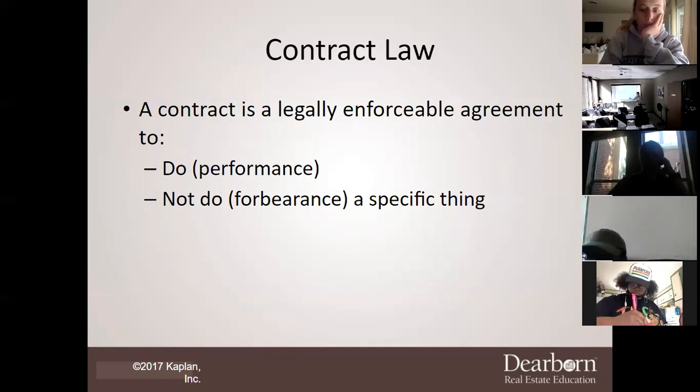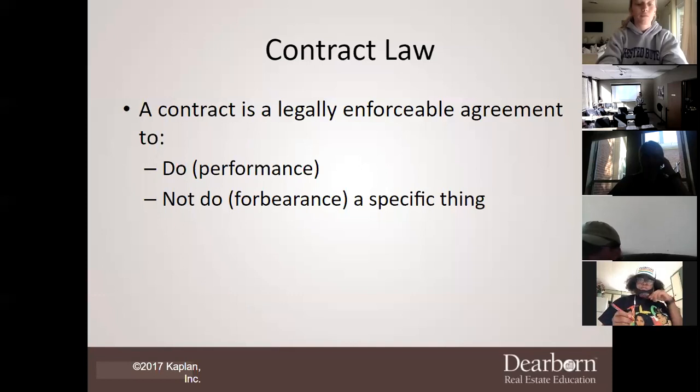You do this and I pay this, and so on. It's also like, don't do this. You can have contracts to say that you will not do something on my land. So contracts are based on those two things, either to do or not to do.